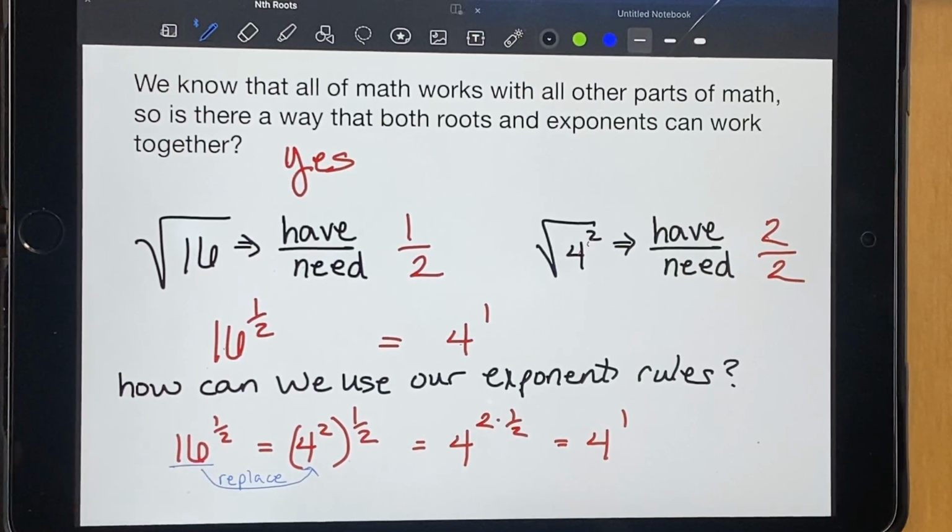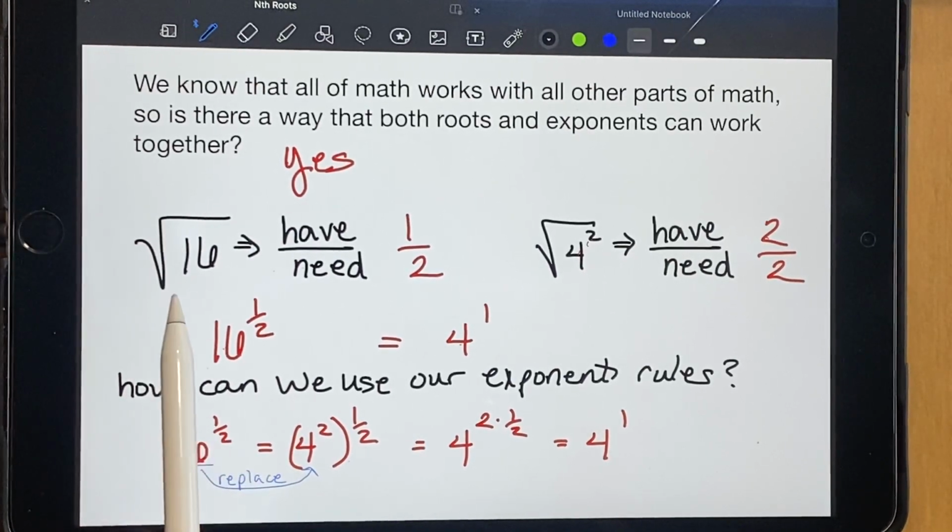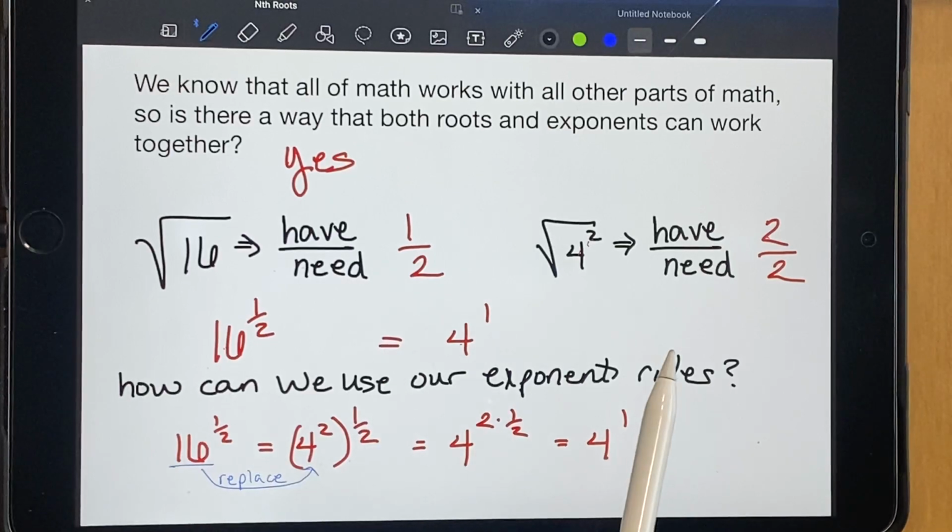And so since we know that math is consistent, God is consistent, He has created an order, that there is an order and there's nothing that has a gap or a flaw in it. And so in the same way that we have these roots and we have these exponents, yes, there's a way that it can work together.